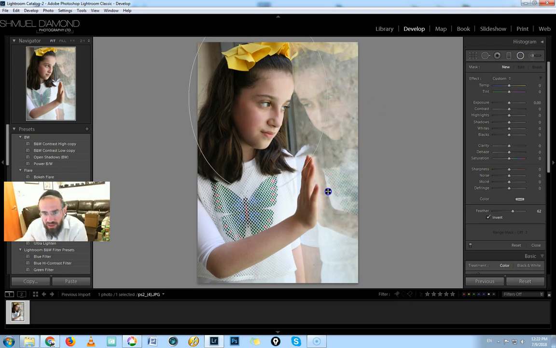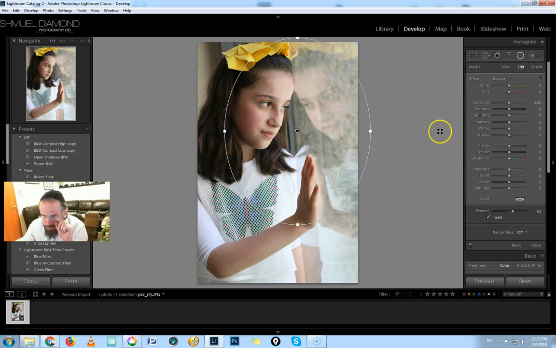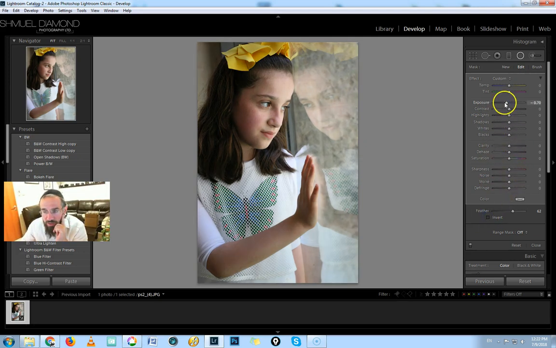First things first, I want to get my eyes a little bit away from the other area, so I'm going to darken. Invert it. There we go. Don't do it too crazy. Remember, keep the word subtle very much in your mind.